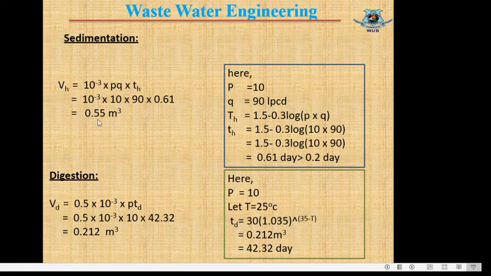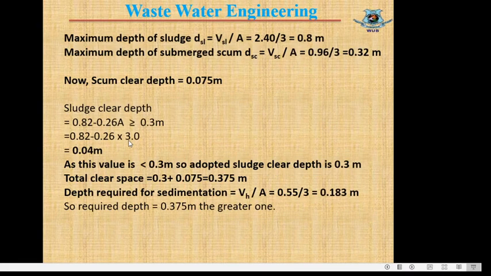Volume for sedimentation VH is equal to 0.55 meter cube and area A is 3 meter square. So the depth required for sedimentation tends to 0.183 meter. Our required value will be the greater of 0.375 meter and 0.183 meter. As the larger value is 0.375 meter, the required depth equals 0.375 meter. So we have calculated the depth of the sedimentation zone of the tank.